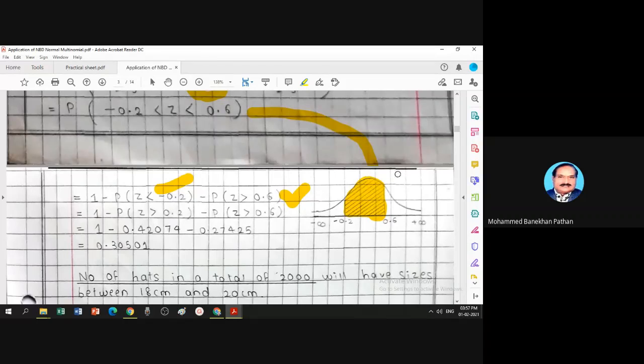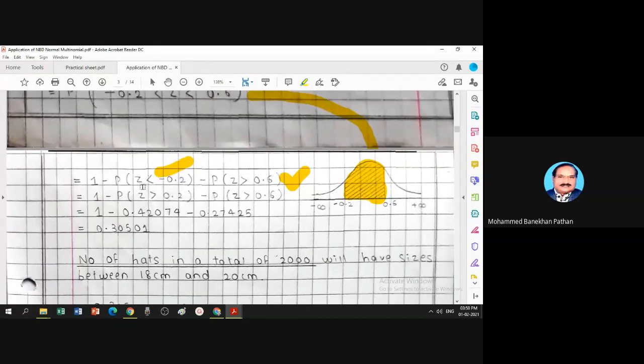Total probability under the curve is 1. So 1 minus this area which is not colored, that is greater than 0.6, and minus this area that is less than minus 0.2. Total is 1, this is gone, so the balance is this much. So this is the way to write normal probabilities in terms of tabulated calculation.